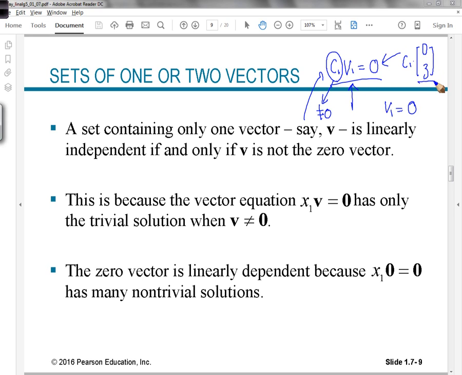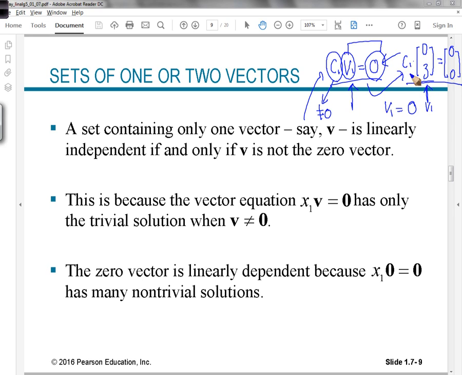Suppose this was our v1, and it should equal the 0 vector. So it's a little more detailed form of this vector equation, because v1 and 0 here are both vectors.